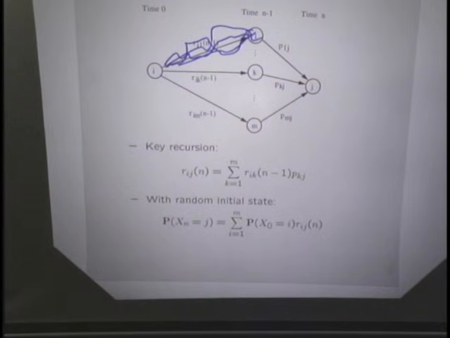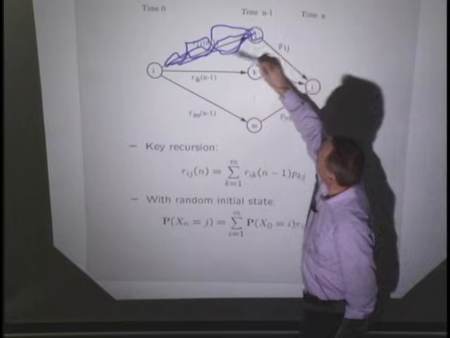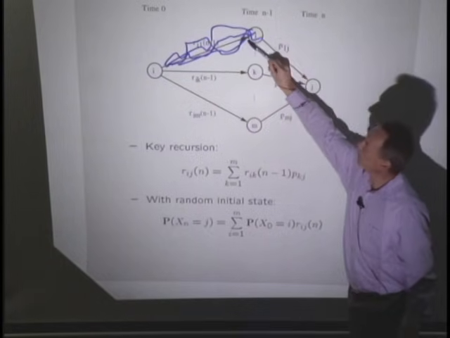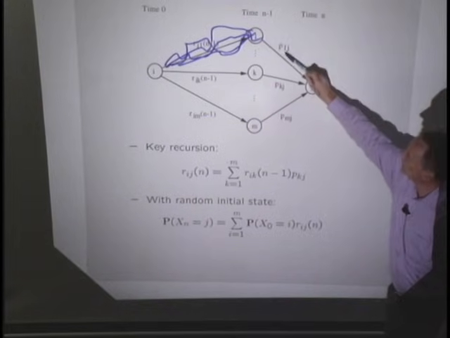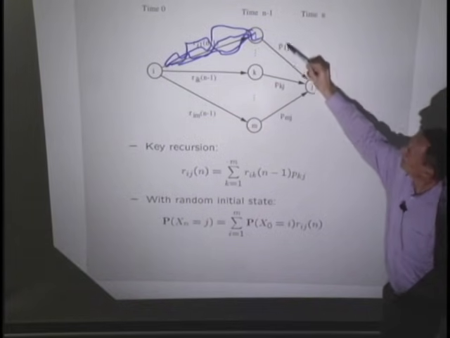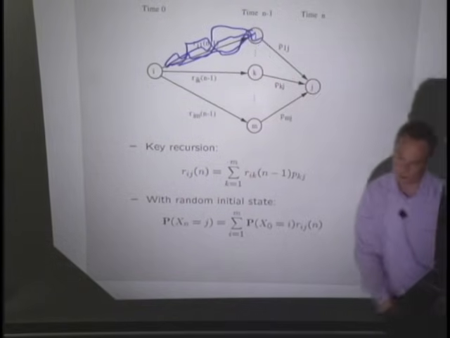Now, where exactly did we use the Markov assumption here? No matter which particular path we used to get from i to state 1, the probability that next time I'm going to make this transition is that same number, p_1j. So that number does not depend on the particular path that I followed in order to get there.